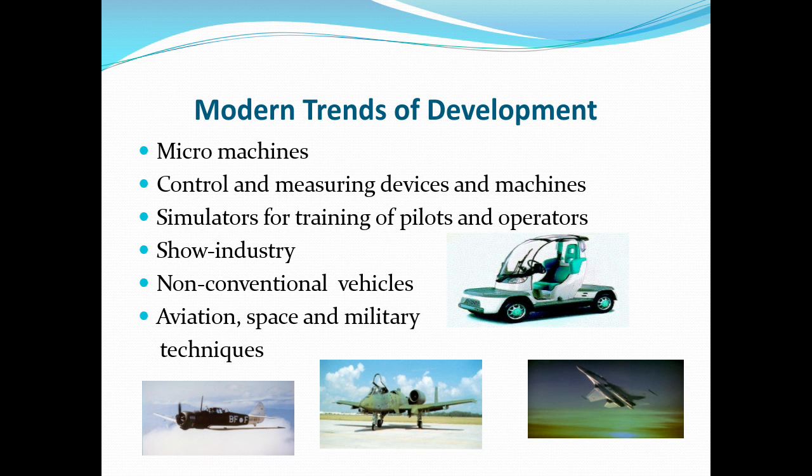A simulator is a machine that simulates real world actions. Then shoe industries, non-conventional vehicles, then aviation, space and military techniques. So in all these sectors, we have entered into the mechatronics system.